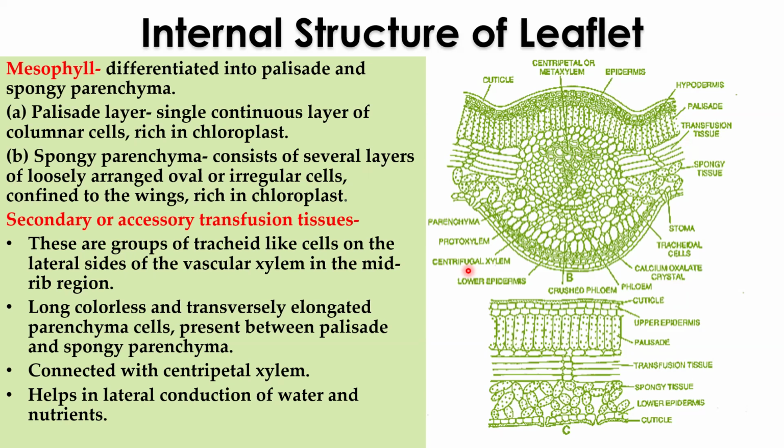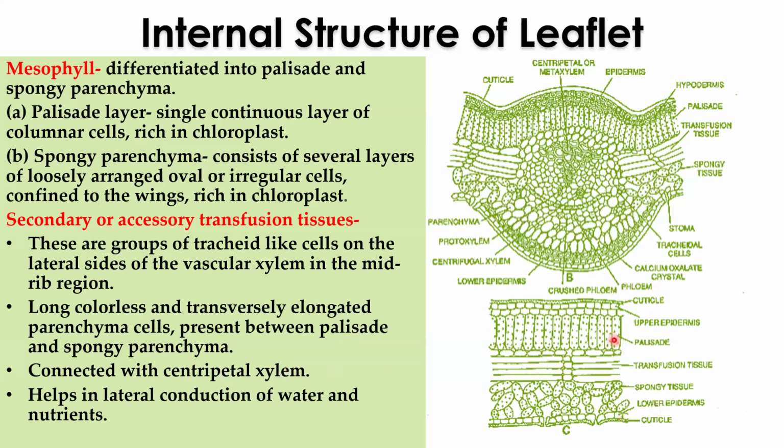So, the transfusion tissue is nothing but tracheid-like cells which are present on the lateral side of the vascular xylem, and these are colorless and transversely elongated, which help in the lateral conduction of water and nutrients as they are connected with the centripetal xylem.